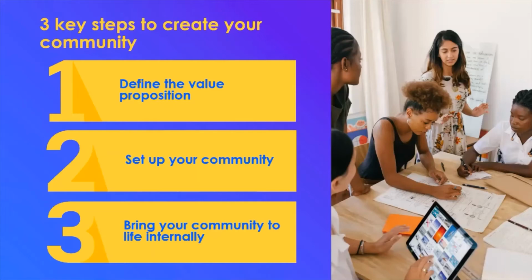Then you set up your community. It's the actual technical setup of your community. And finally, once your community is set up, you need to bring it to life internally. Your community has to be truly useful to your organization. In other words, the community should answer your stakeholder needs, the ones that you defined at the beginning of the project.